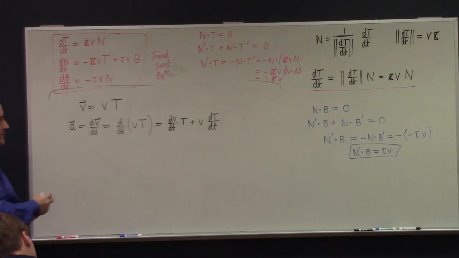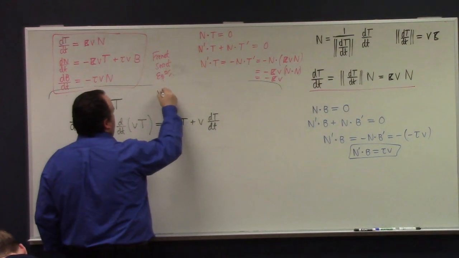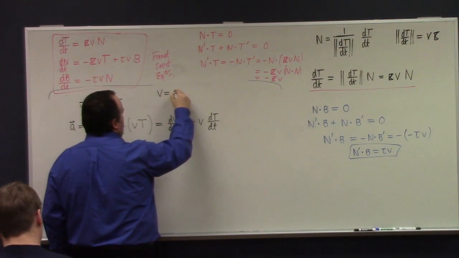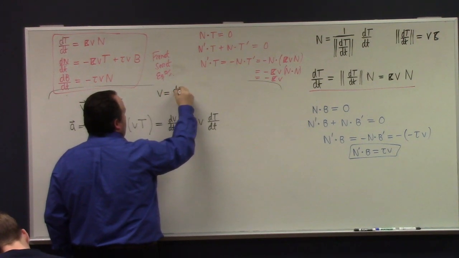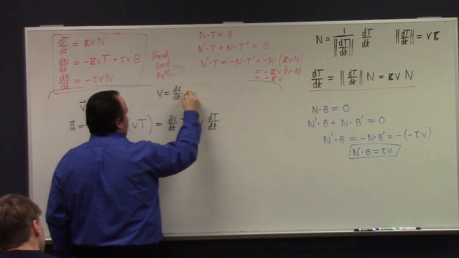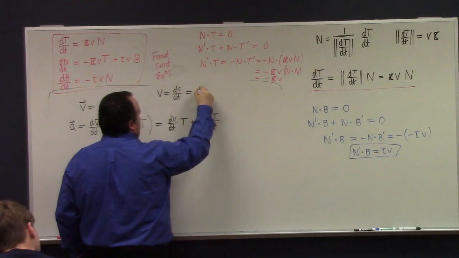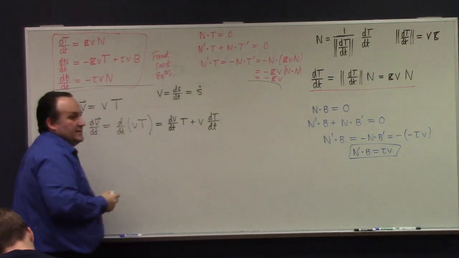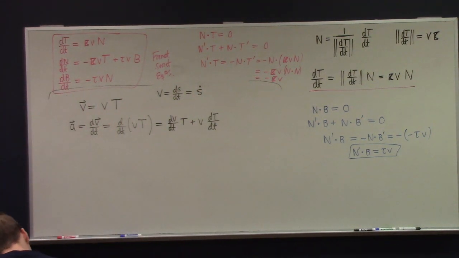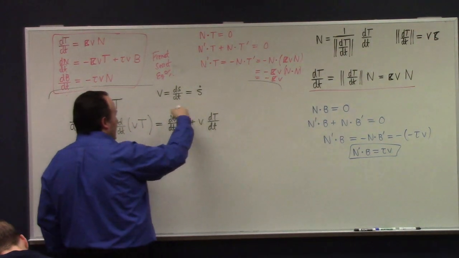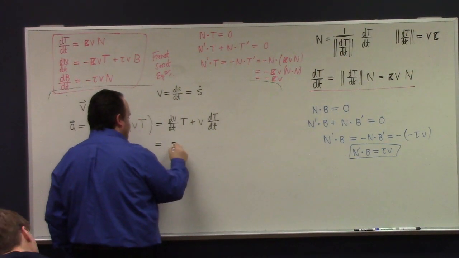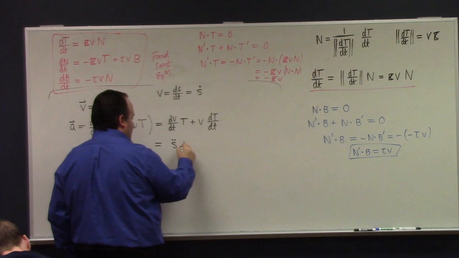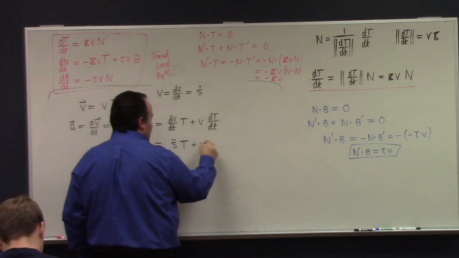Now, you could write v as equal to ds/dt. Probably Dr. Joseph will talk more about that next time. The old Newtonian notation for that is s dot, dot being a time derivative. So really dv/dt is actually s double dot. So you've got s double dot times T plus v. And what's dT/dt?